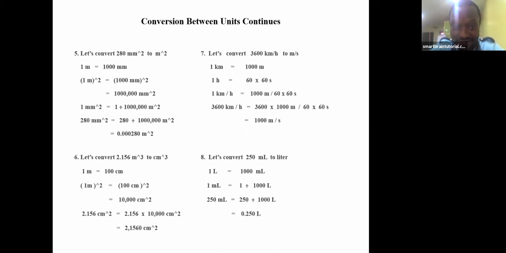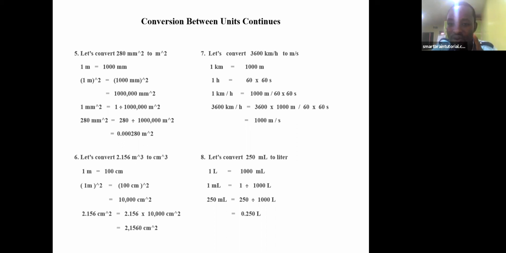Now let's see number 7. It says, let's convert 3,600 kilometer per hour to meter per second. This is speed now, converting a larger unit of speed to a smaller unit of speed. Previously we discussed that 1 kilometer is equal to 1,000 meter.